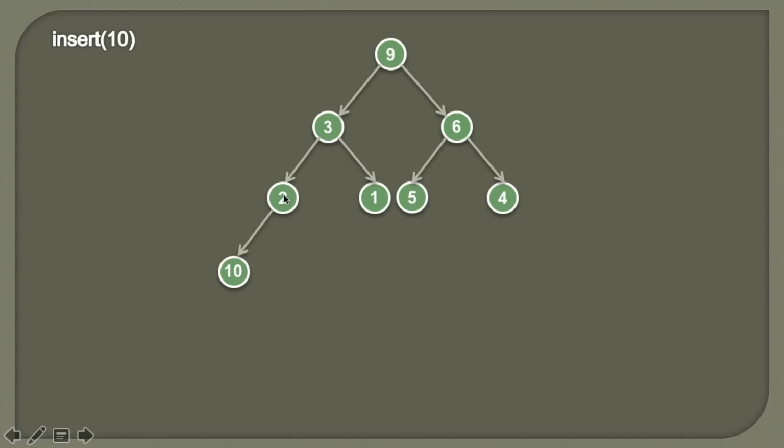If we compare 2 and 10, the value 2 is less than 10, therefore it breaks the heap order property. So in order to satisfy it, we simply adjust the locations of these nodes.